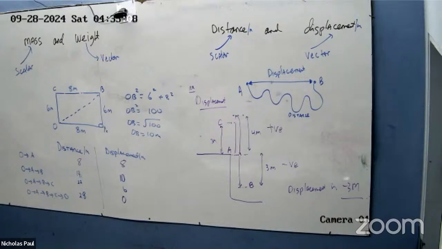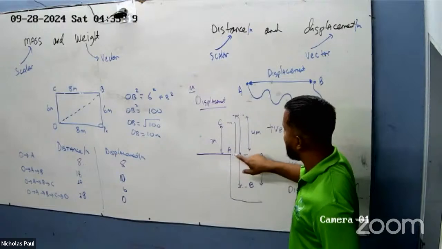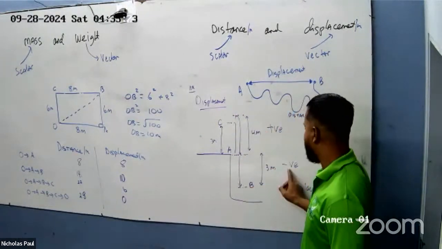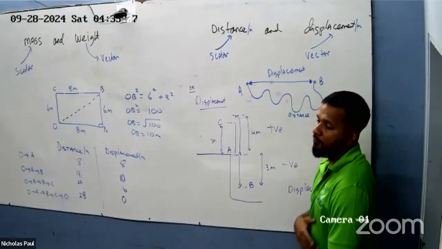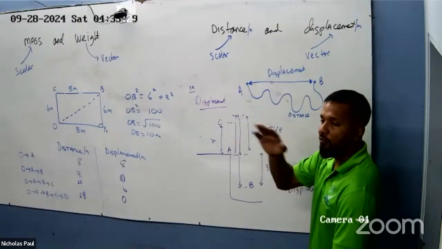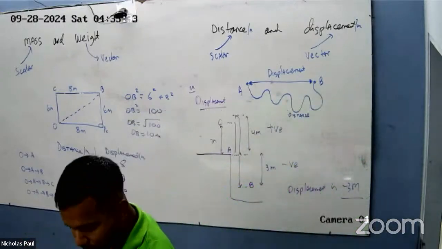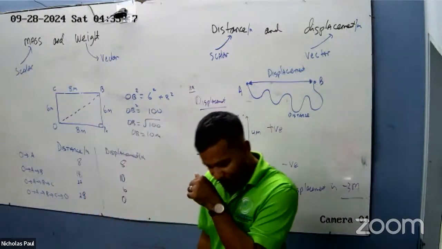So don't let this diagram confuse you. All I wanted to show is that once you go below your starting point, which is A, it becomes negative. For vector quantities, all vector quantities carry the sign convention. That means one direction positive, the next will be negative.